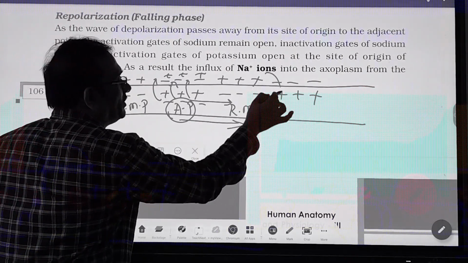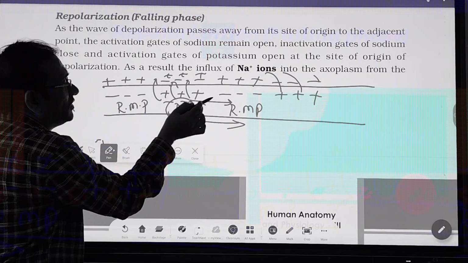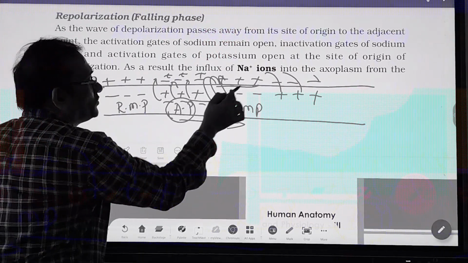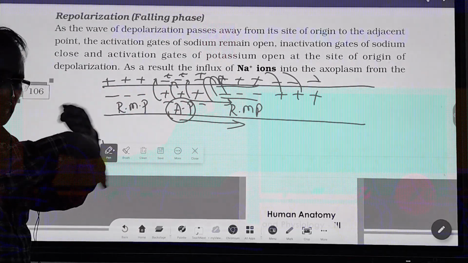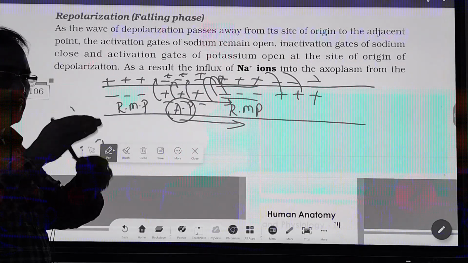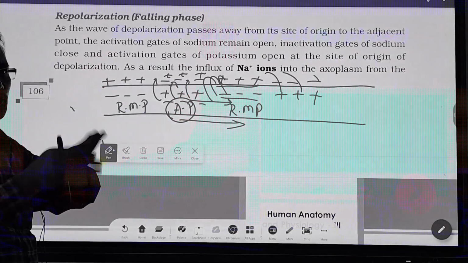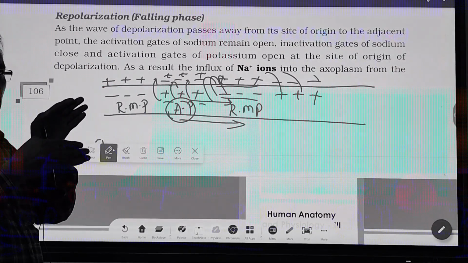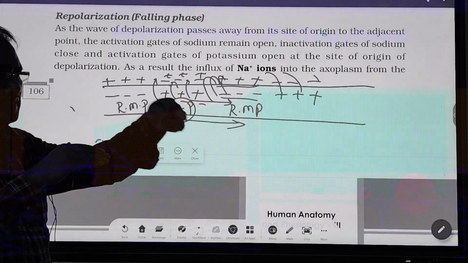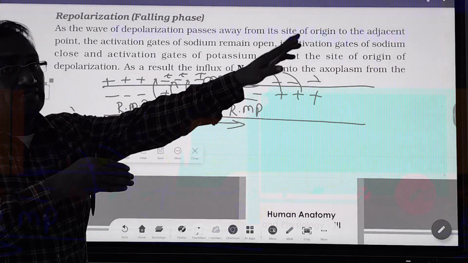When it is converted into negative outside and positive inside, immediately the back side once again reforms the positive and negative. The signal is moving on there, but here once again repolarization takes place, meaning outside positive, inside negative. So here repolarization is taking place, here the dipole is taking place, and there is the resting membrane.